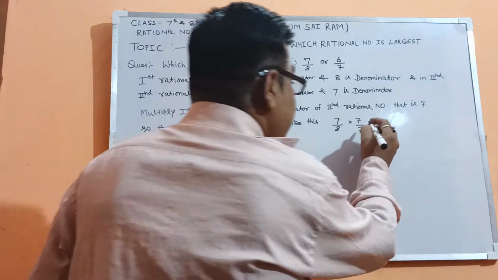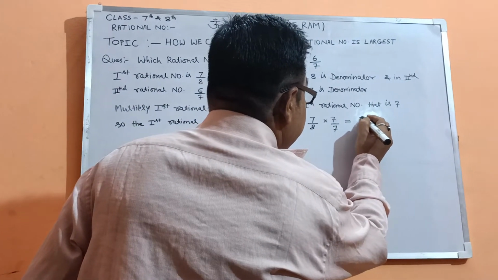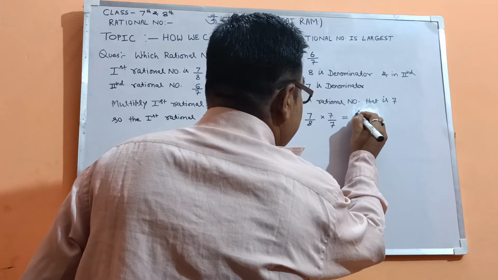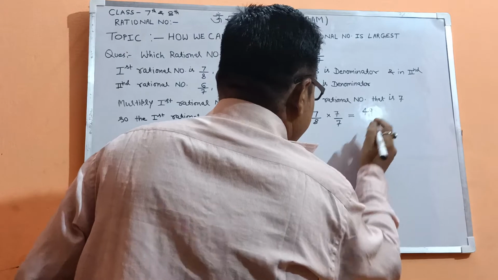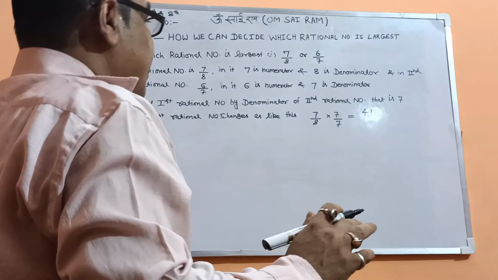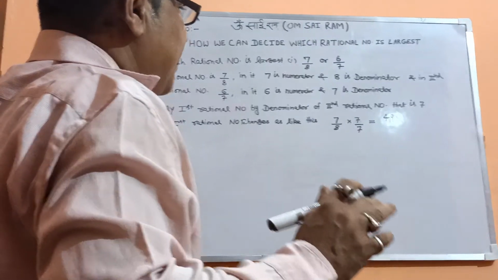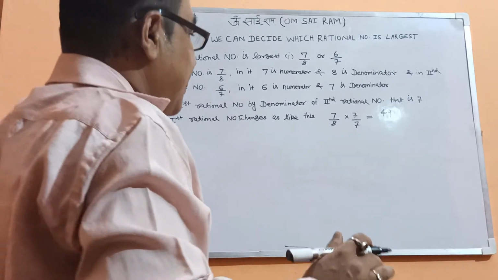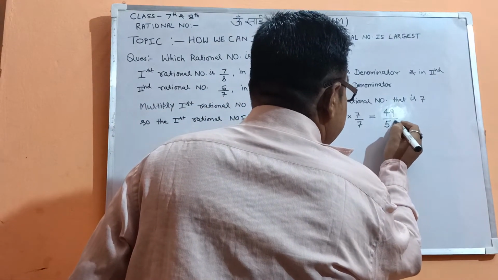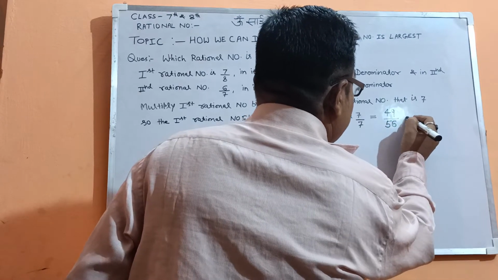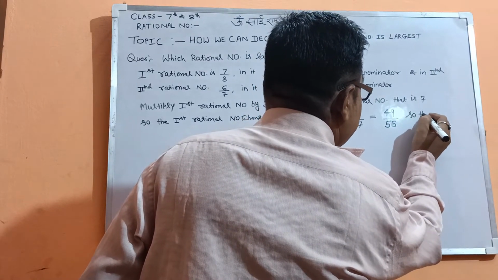So the new number becomes 49, 7 sevens are 49. You have to always learn the table up to 9. 7 sevens are 49 in the 7 table, and 7 eights are 56.